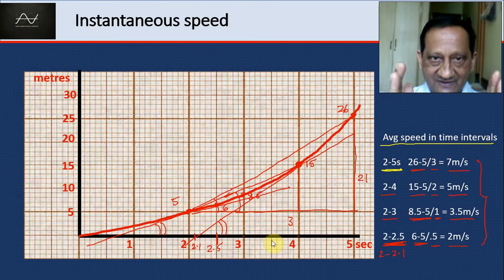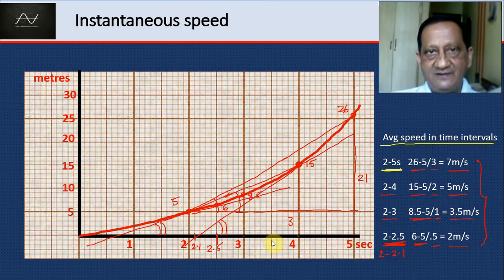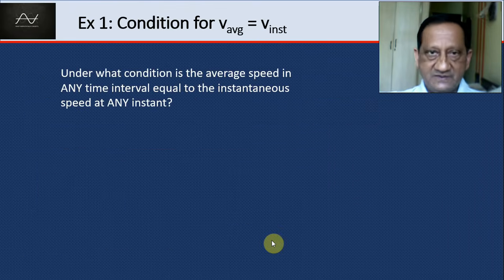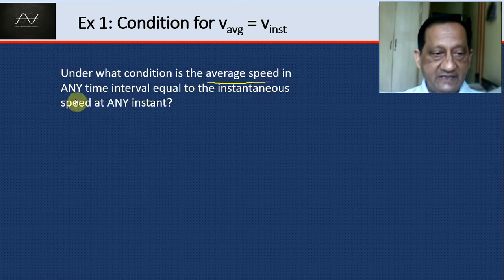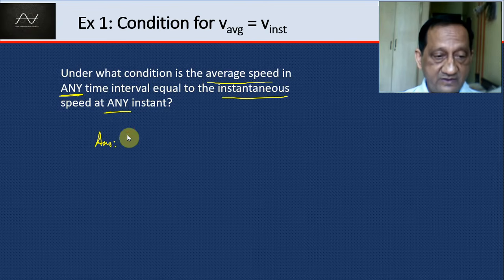The time interval has been compressed to a very small value. That is how we find instantaneous speed. So, simple question: under what condition would the average speed in any time interval be equal to the instantaneous speed at any instant? The answer is obviously when the speed is constant.